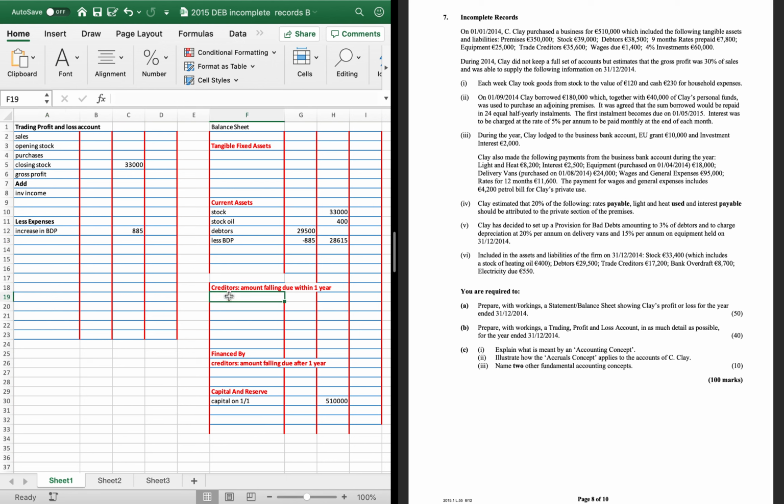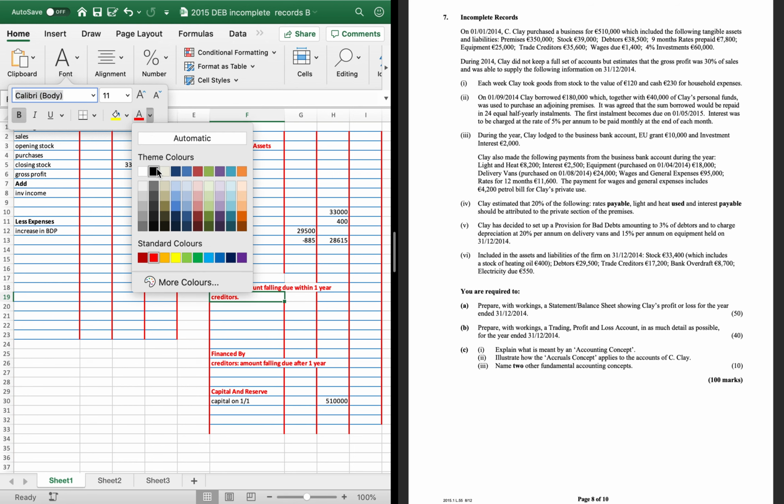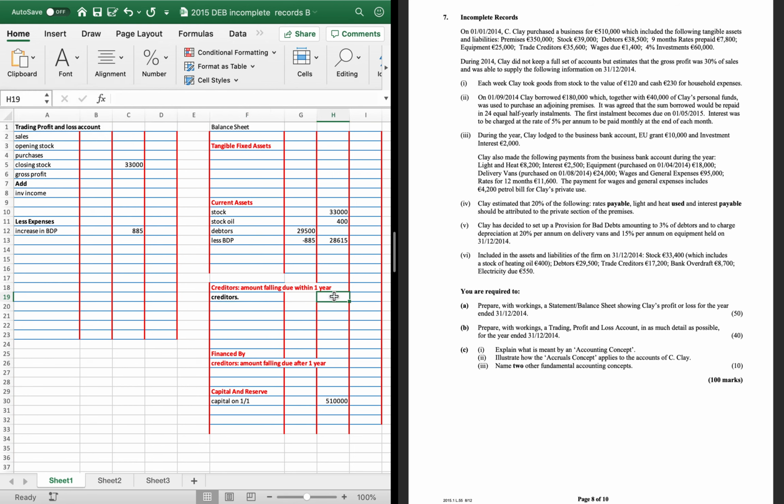Trade creditors, I don't know why that's in red, but we'll just get rid of it. So the trade creditors is 17.2. The bank overdraft is 8.7.